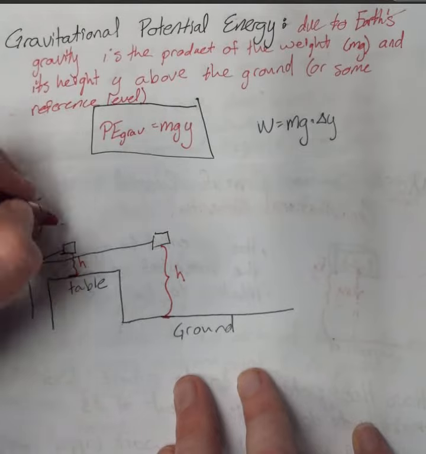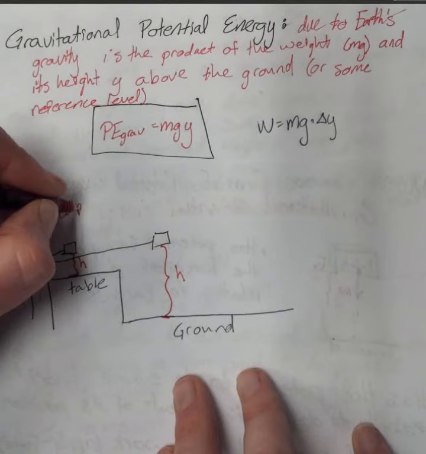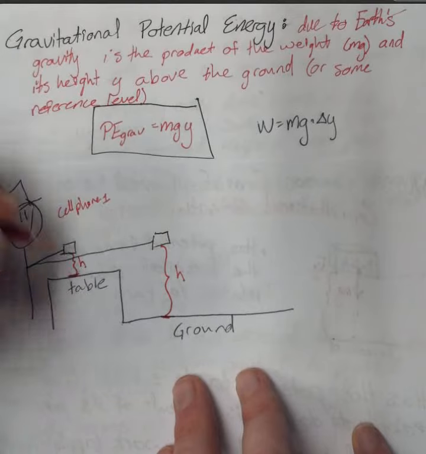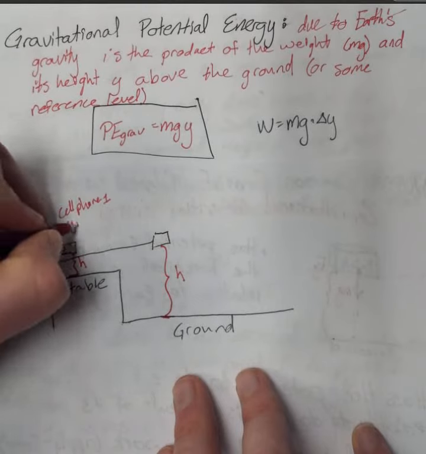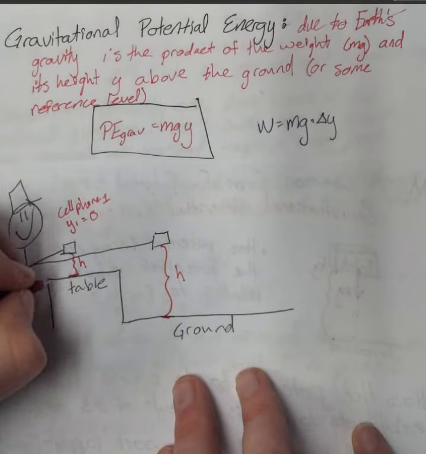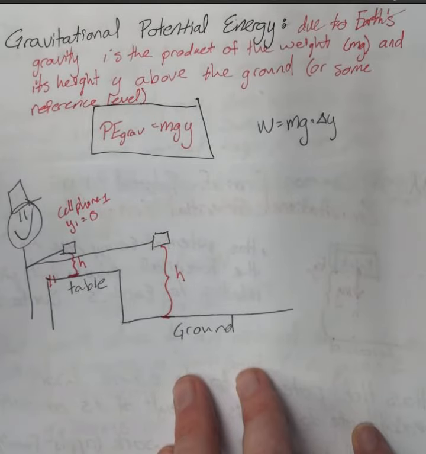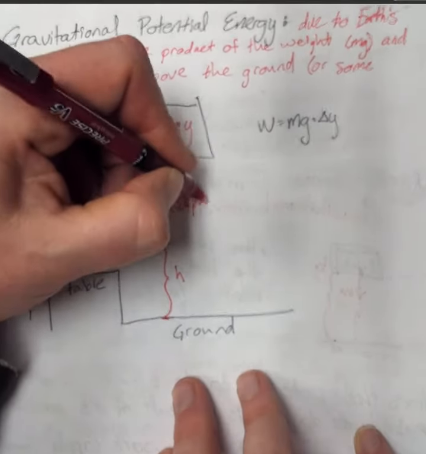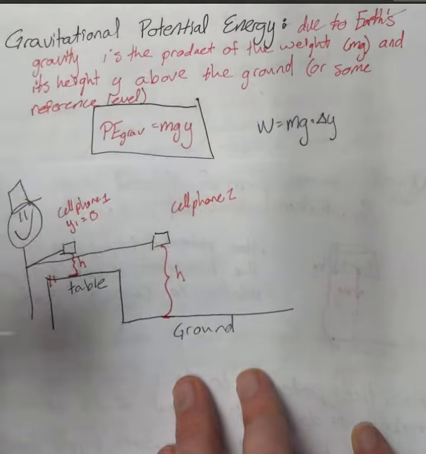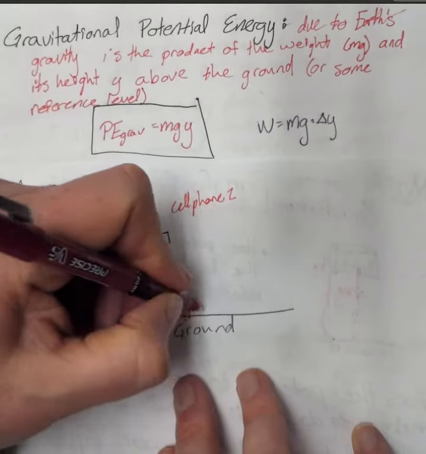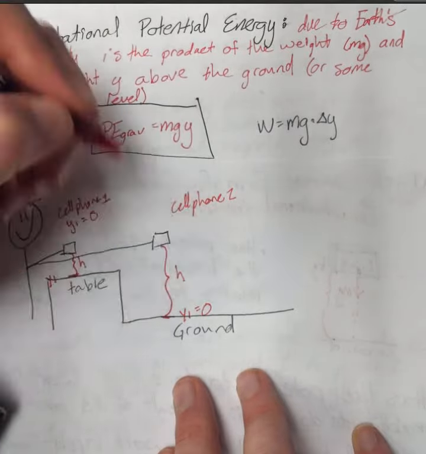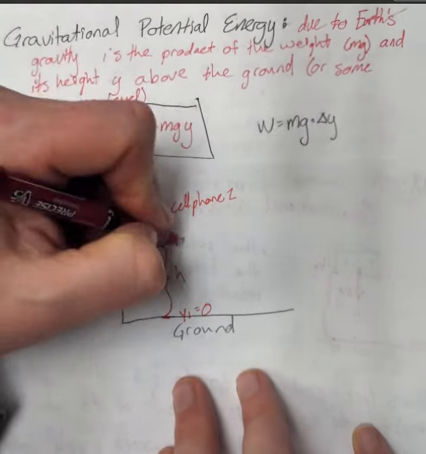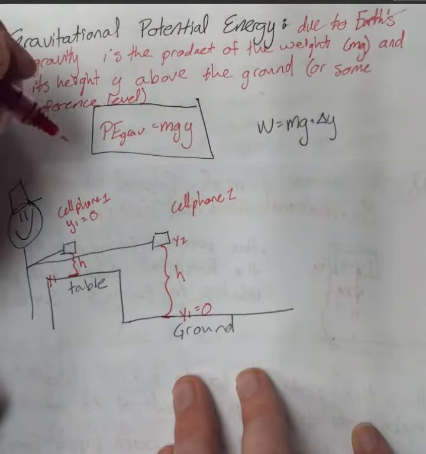So we could say for this cell phone, for cell phone 1, we could say that y1 equals 0, and we'll call y1 the table. And for this cell phone 2, we could call y1 the ground and y2 this position.